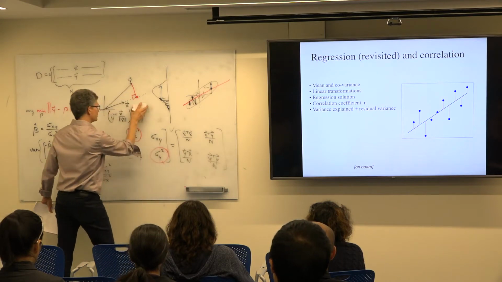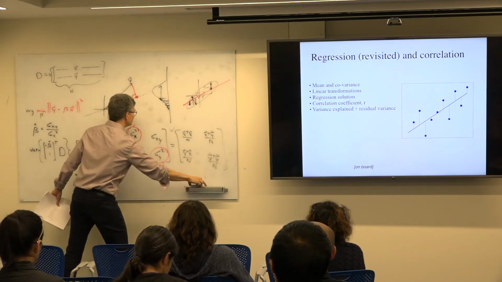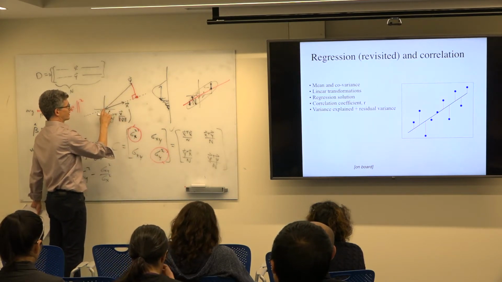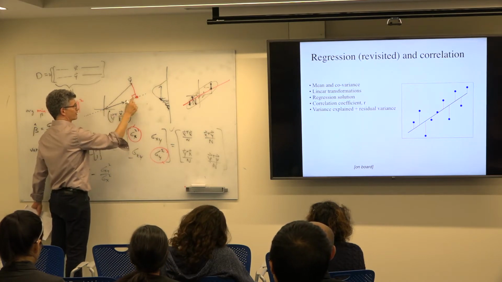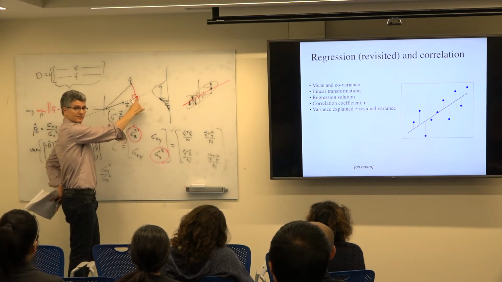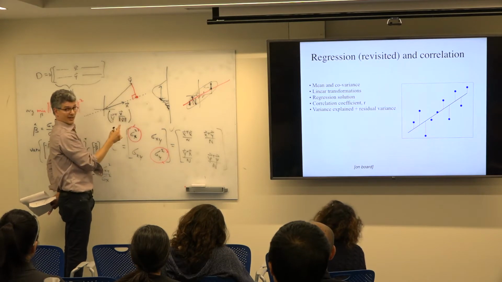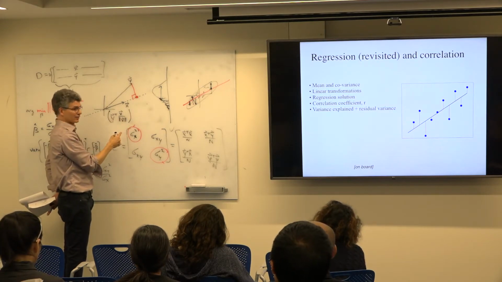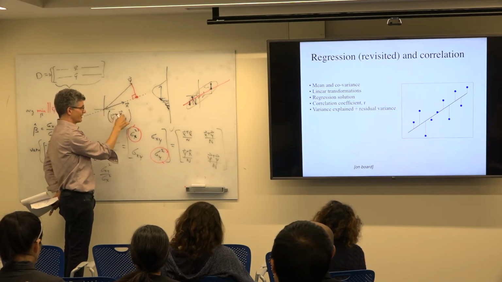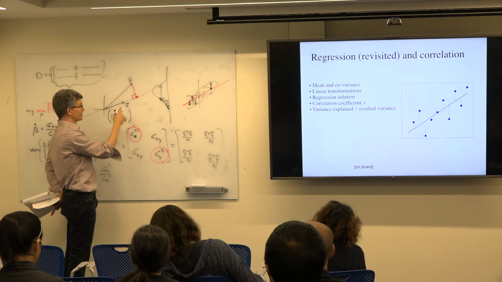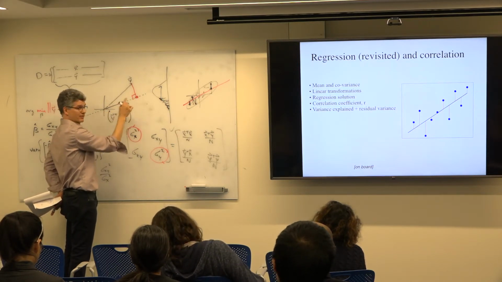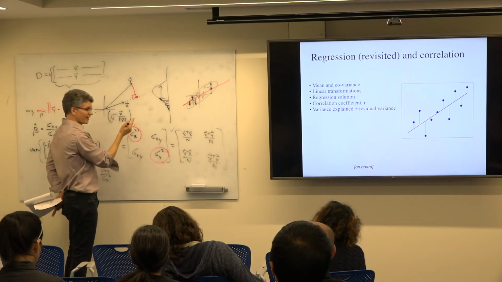Before I wrote out the solution, let me back off one and ask you, what's the length of this vector from the origin to here? It's just this, right? It's the length of that. Y transpose times x made into a unit vector is the projection. It's the length of this piece, right? So what is the length of this piece?